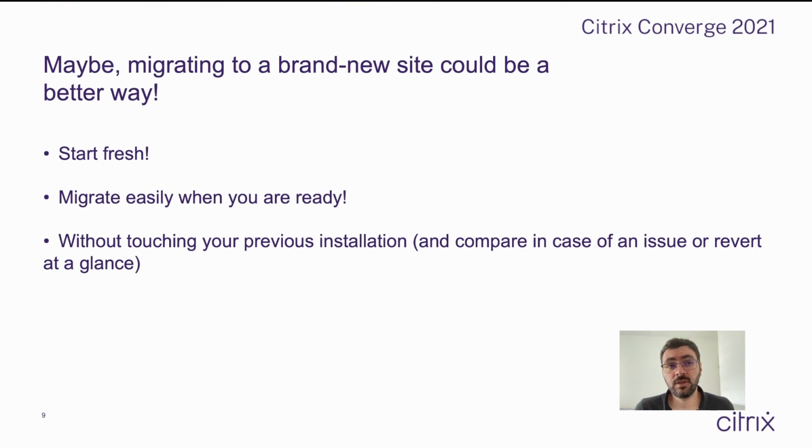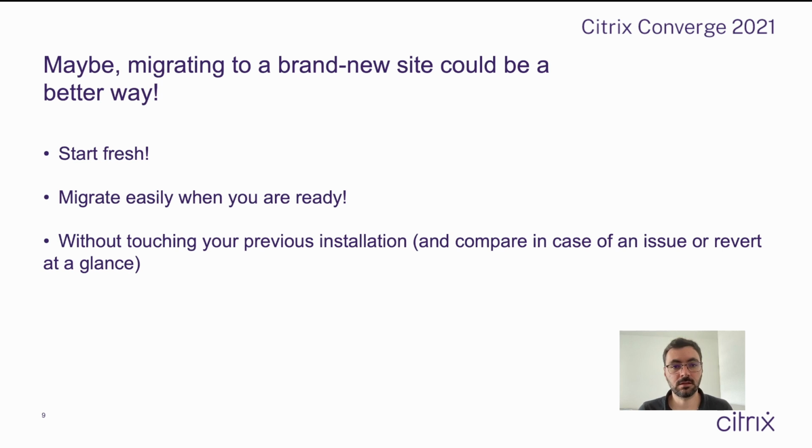This kind of feedback is a good reason to think about another way to proceed and upgrade: migrating to a brand new site installed in parallel with your current one, instead of migrating your current site.